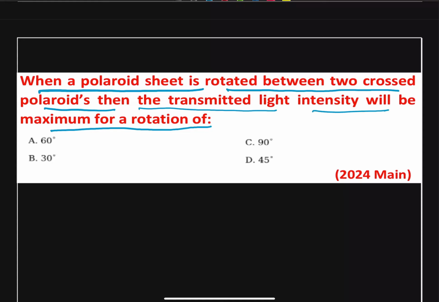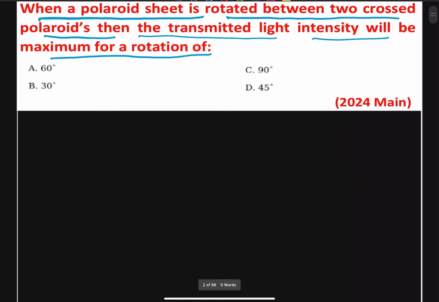So let us assume that I naught is the intensity of the unpolarized light, and then the output from the first polaroid will be I naught by 2, and subsequently we are going to write for the others also.